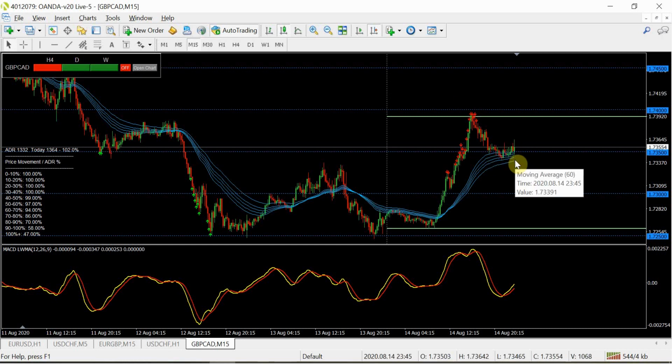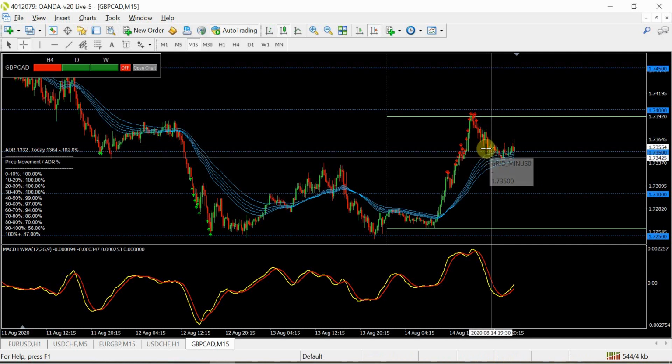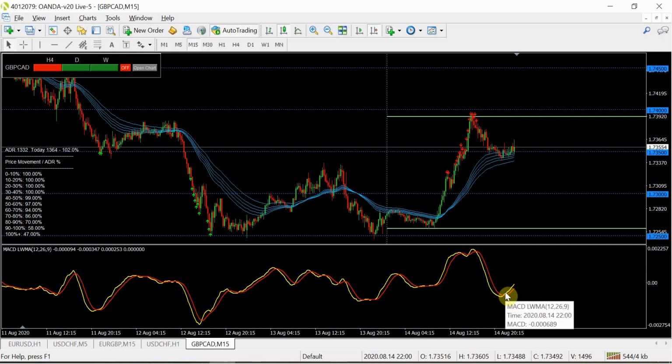So you would have ended up in profit on this trade, but for me, as soon as price came to this level over here, touched this, then started to break down outside of this, and then you see this crossover, this crossover definitely would have been the last point. I would have been out of this trade already, because that gives me the confirmation of bullish hidden divergence.